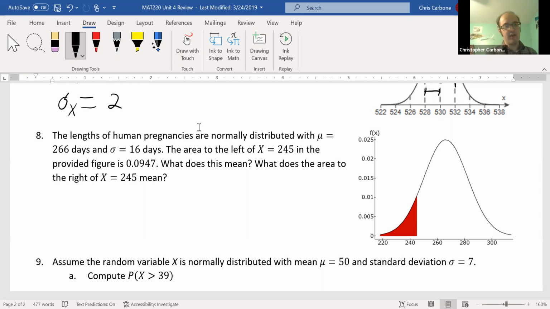And then what does the area to the right of x equals 245 mean? So for this, this is going to be the proportion, or probability.